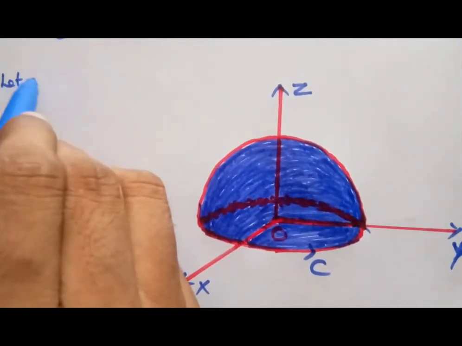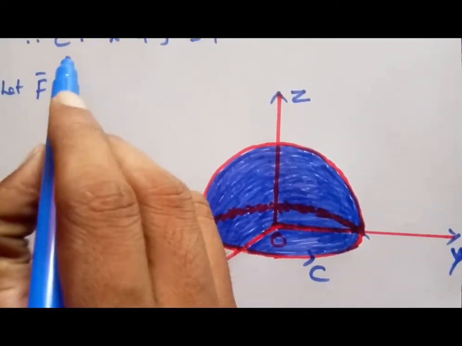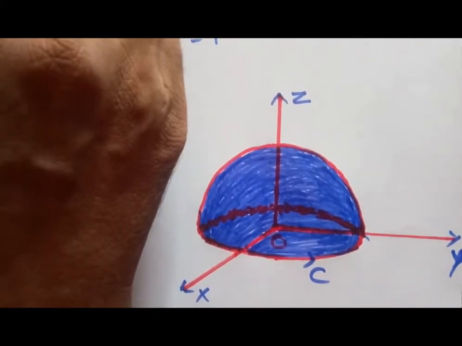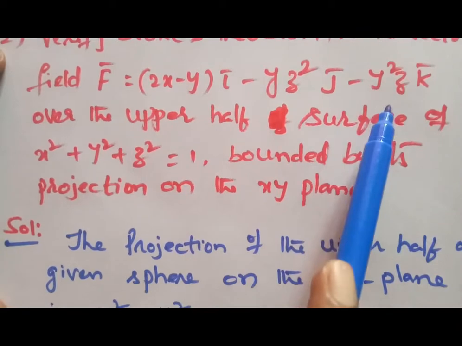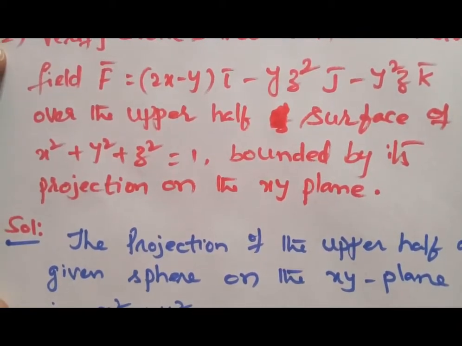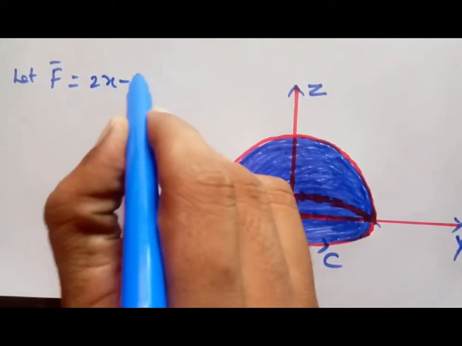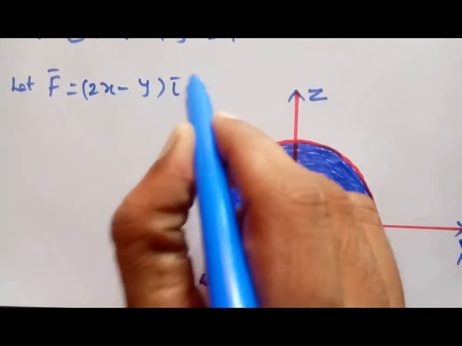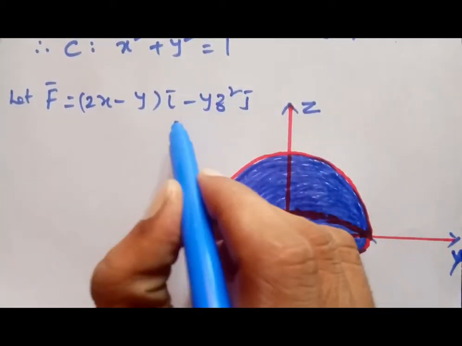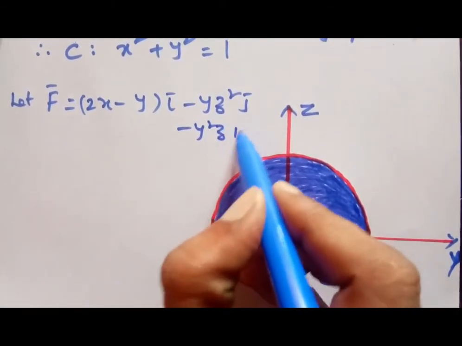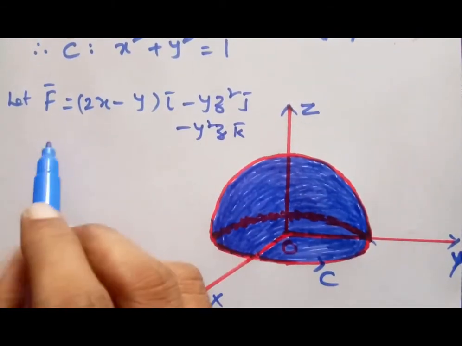Let F bar is equal to (2x minus y) i bar minus y z square j bar minus y square z k bar.